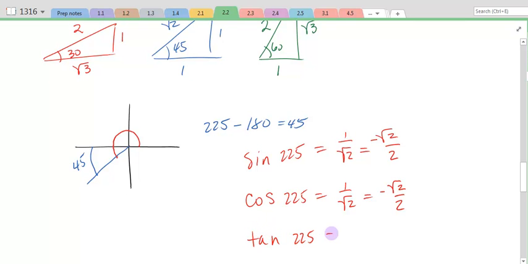Okay, how about tangent? Tangent of 225 would be y over x, which is just 1. And then we can do cosecant of 225.